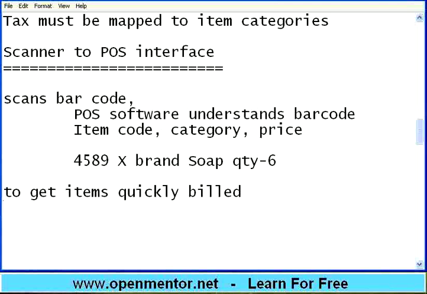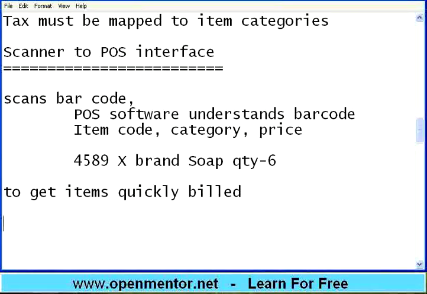Else the person at the counter would have to remember all the codes and prices. We cannot remember all those things. There are a lot of cases where errors do happen. So it is better to depend on the scanners. There is a lot of software available for scanners that can interface with your point of sale software.